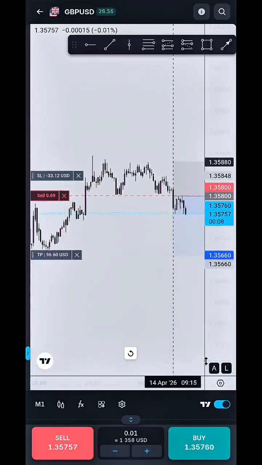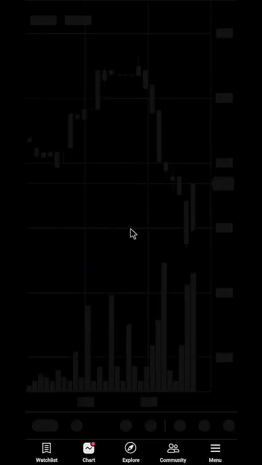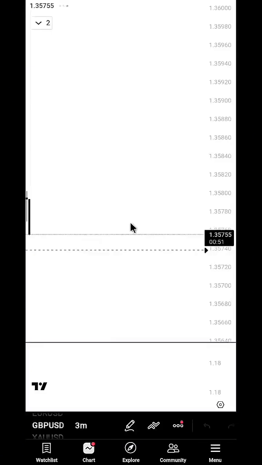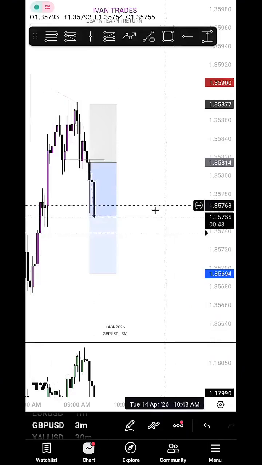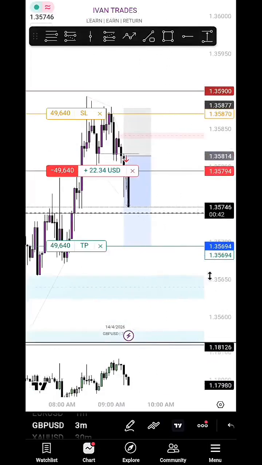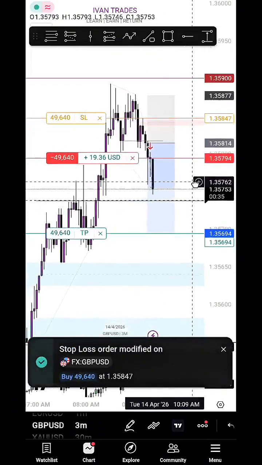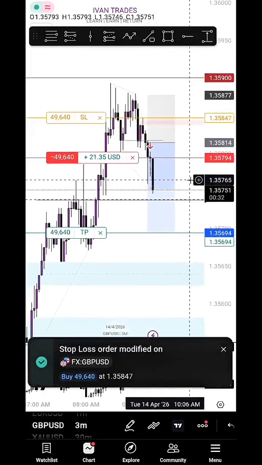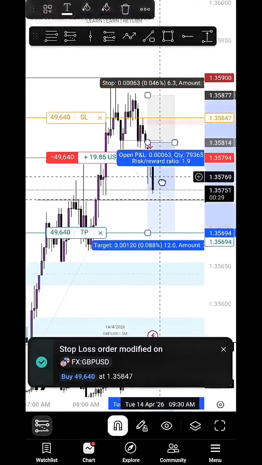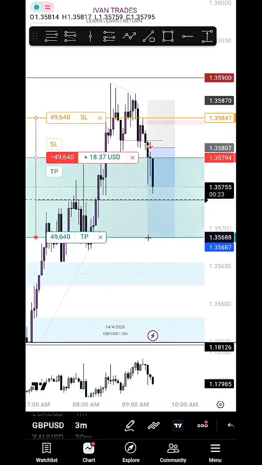Let me annotate it so that it will be visible. So I'm going to trail my stops accordingly.